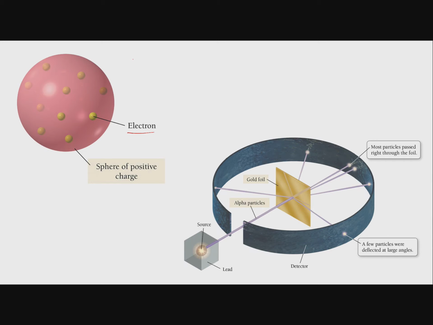Okay, and so there was something called the plum pudding model. Probably because it looks a little bit like plum pudding. I guess that's not something I'm too familiar with. To me, it looks like a chocolate chip cookie of some sort. So I'm going to call it the chocolate chip cookie model. But the model suggests that the negatively charged electrons, shown here in yellow, are just held in a sphere of positive charge, and that there was a sphere of positive charge holding these electrons together.